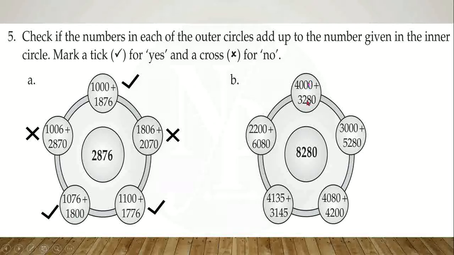So if you add these two numbers you will get 7280, because these three digits are zeros, so you will add these three digits with this to get 280, and when you add 4 and 3 you will get 7. So the final sum will be 7280, which is not matching with the number given in the inner circle. So I will put a cross mark here.